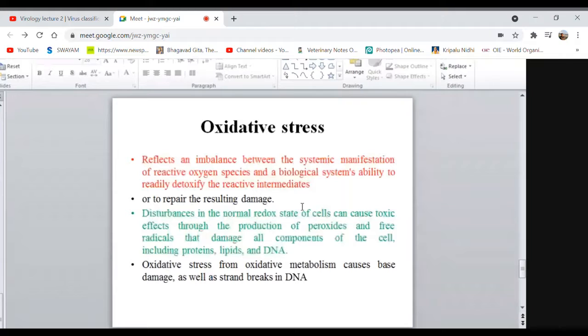The major cause of oxidative stress is the formation of reactive oxygen species like hydroxyl radical, hydrogen peroxide, and superoxide. These are the reactive oxygen species which are generated in our body because of oxidation, and they are very harmful to our body.